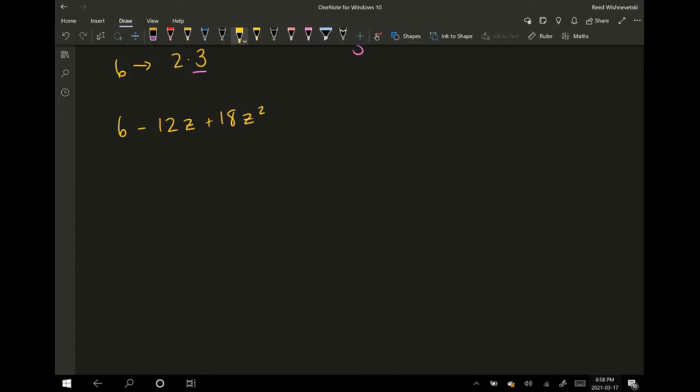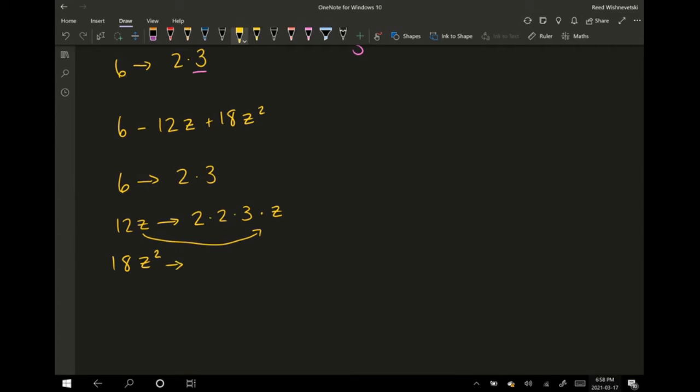So here we're going to have 6, 12z, and 18z squared. Okay, so 6 we know from above is going to be 2 times 3. Now 12 we know to be 2 times 2 times 3. Also, we have to make sure that we bring this variable here. So times it by z there.